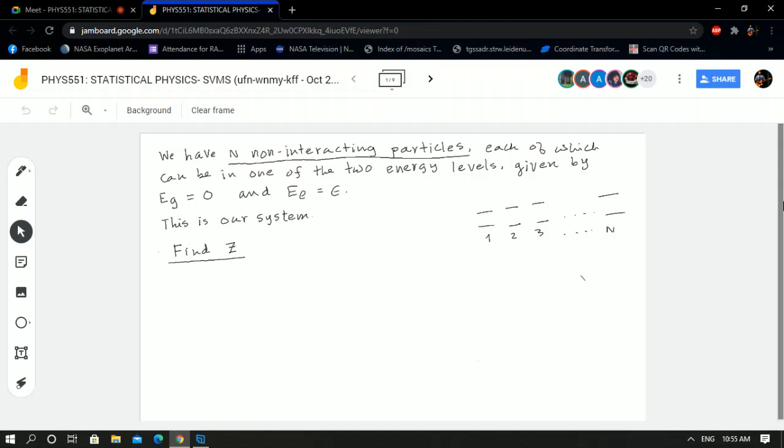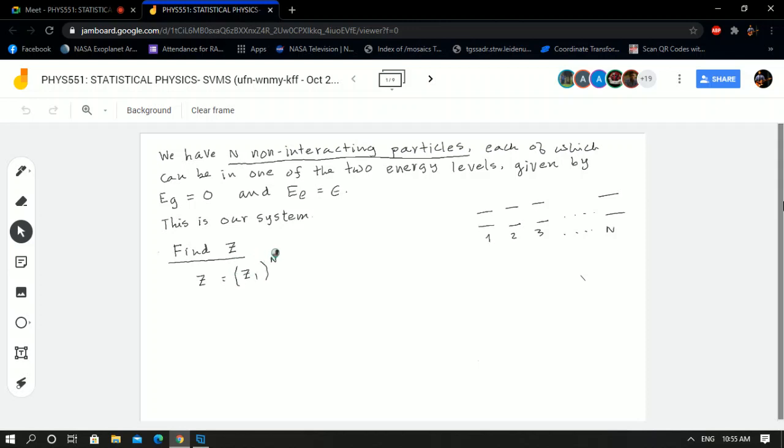Okay, fine. So whatever you said towards the end, that is the major advantage of particles being non-interacting. The only advantage of particles being non-interacting is that you can write the total partition function for the n particles as the partition function for one particle raised to the power n.